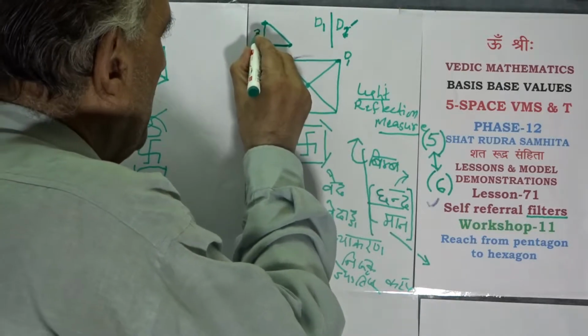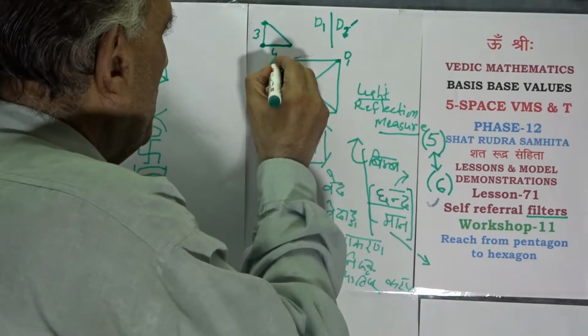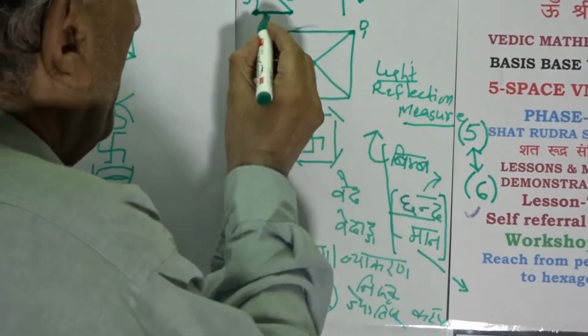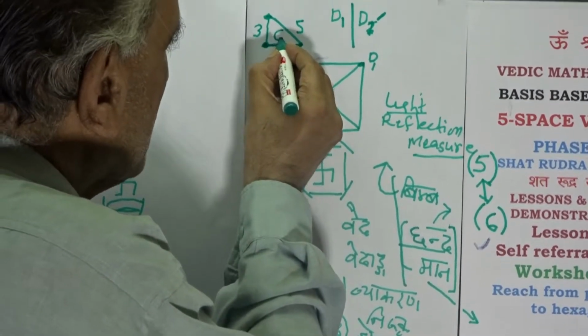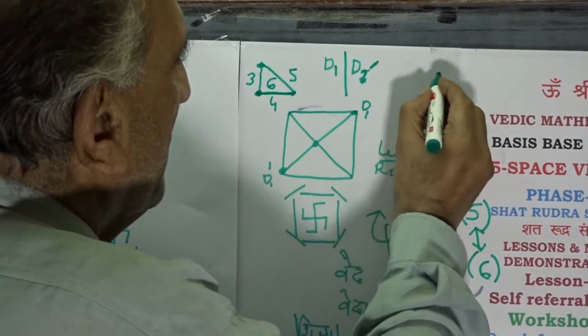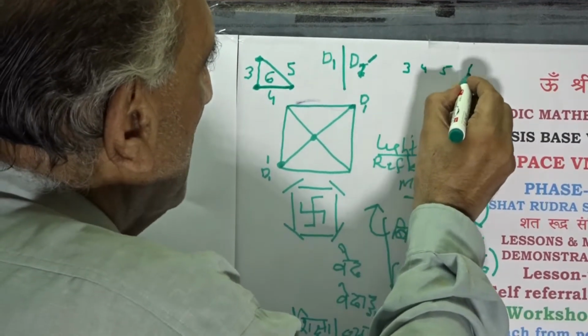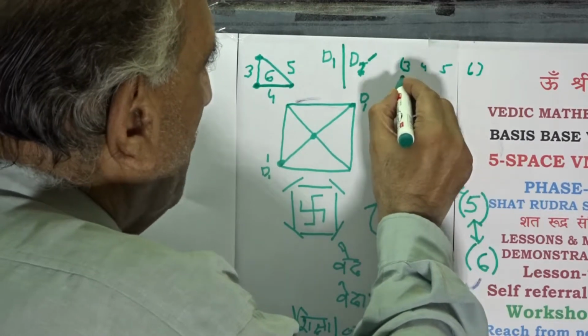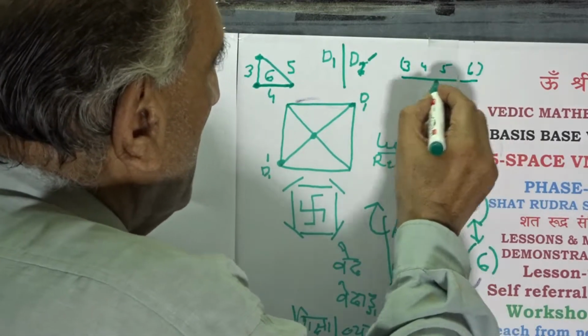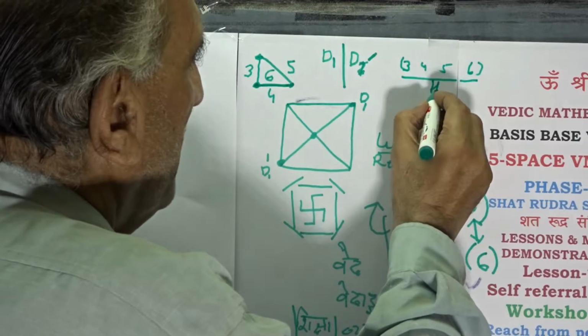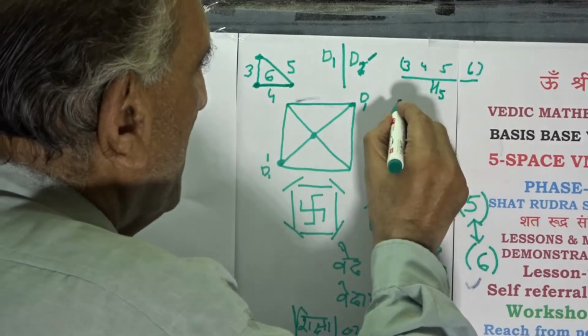And we are well acquainted with these triple values 3, 4, 5, and then their area becomes 6. Then ultimately it becomes a quadruple value 3, 4, 5 and 6. And we know this value 3, 4, 5, 6 is a hypercube of 5. So it is a 5-space body.